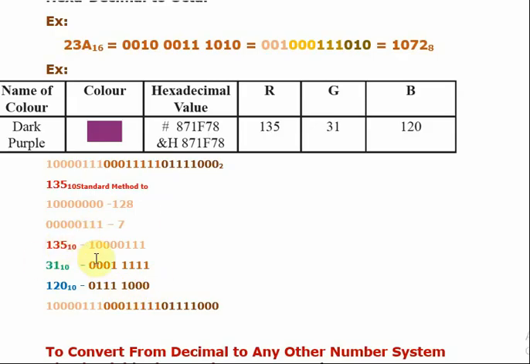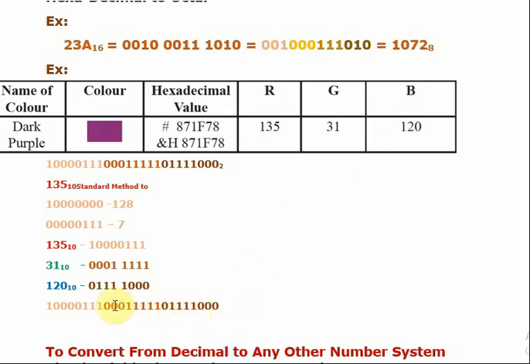First you take the closer value and then the balance's closer value. Wherever you need, you put 1, others you leave as 0. Finally you can write here the 135, this is the binary format. Then 31, this is the binary format. Then 120, this is the binary format.